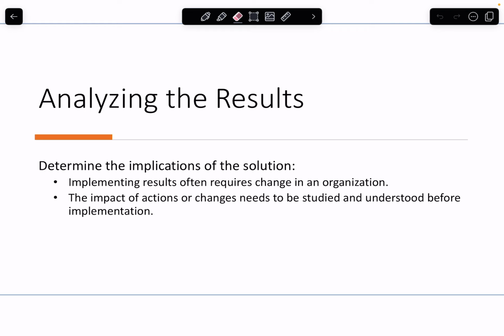And lastly, the impact of actions or changes needs to be studied and understood before implementation, especially if you are working with people. In terms of machines, it's easy, whether we use this machine over the other. But when it comes to people, we have to consider other factors as well, especially humanitarian factors.